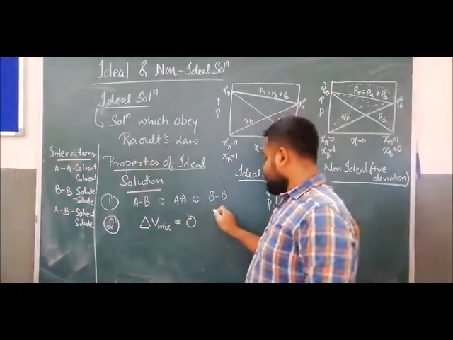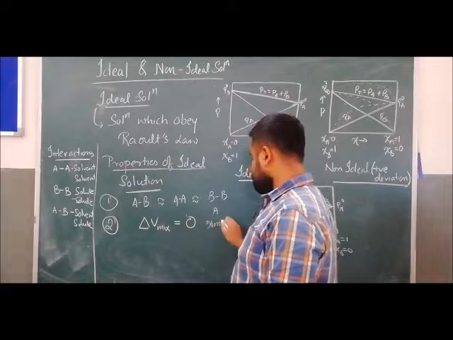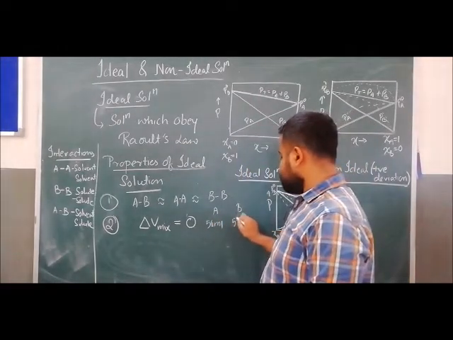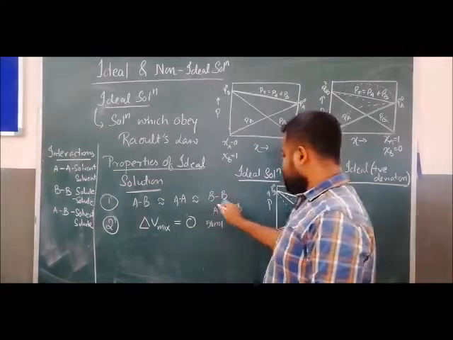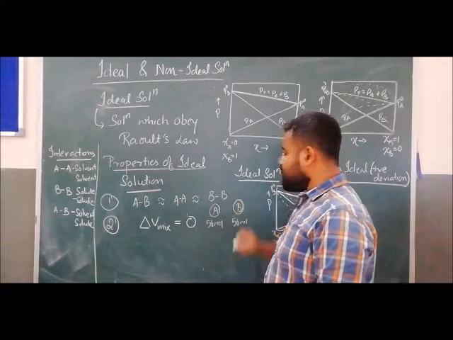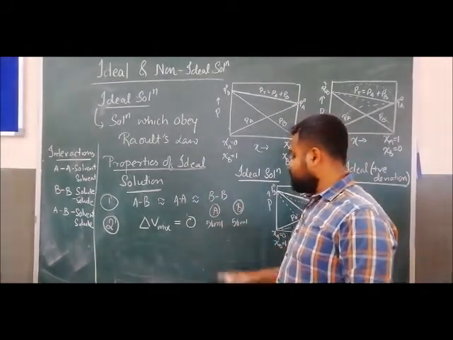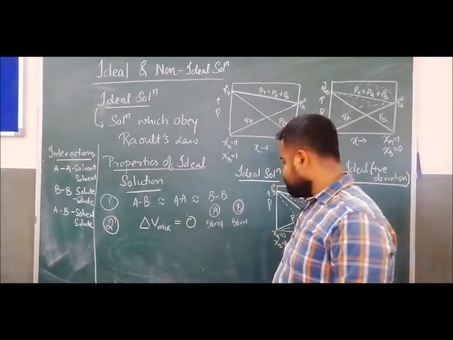For example, if component A is taken as 50 ml and component B is taken as 50 ml, this is component A and this is component B before preparing the solution. At that time this is 50 ml and this is 50 ml. Clear?